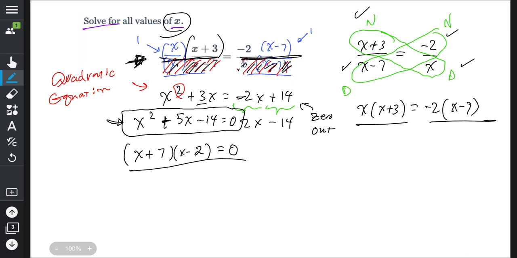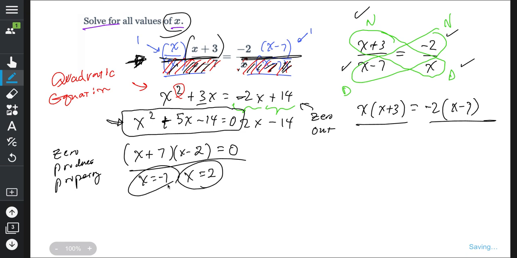You can tell, right? Because this is called, I never gave a name to this, zero product property. If I make this 0, I win the equation. If I make this factor 0, I win the equation. These are my two answers, okay?